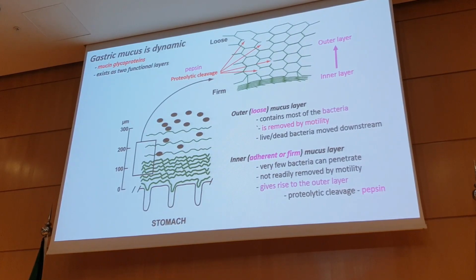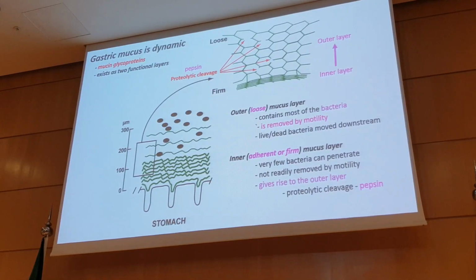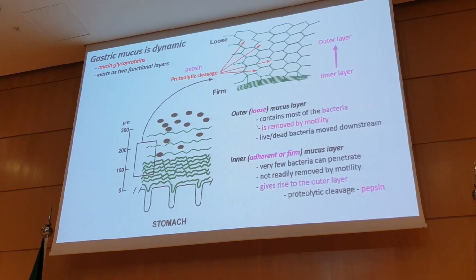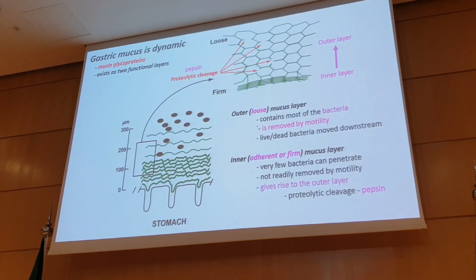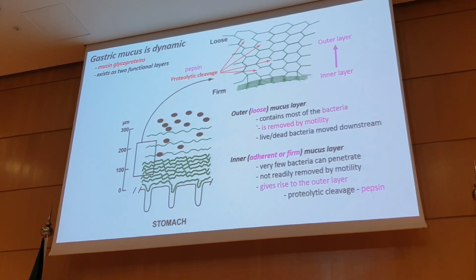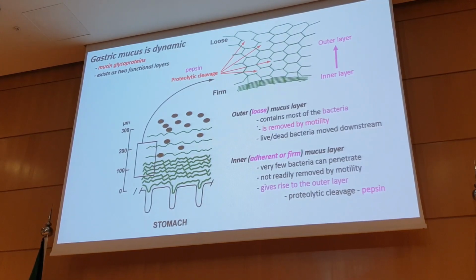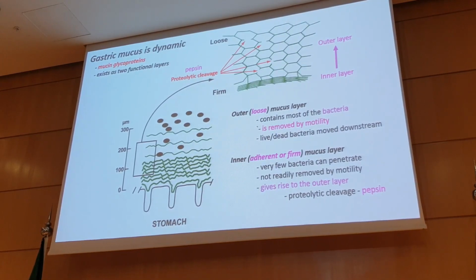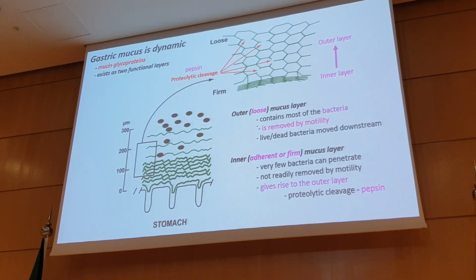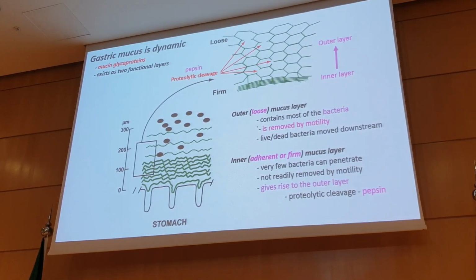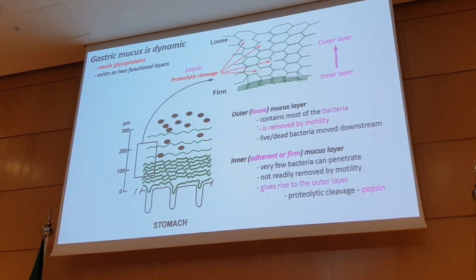Most of your bacteria will be trapped in this outer layer, okay? And then when motility comes along, that outer layer gets wiped out, okay? No problem. And everything that was trapped in there goes downstream. The MMC takes it all the way down to the colon, okay? And that's where most of your bacteria live anyway, in the colon. Did you know that? Well, you will later.